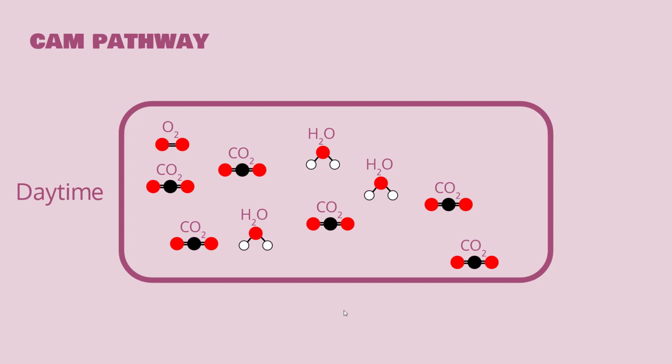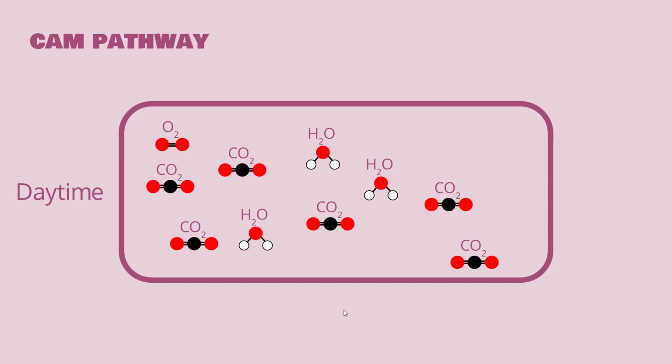But as I said before, it takes energy to perform these extra steps of fixing the CO2 twice, so it's kind of a trade-off about which method that the plant uses. C3 plants live in a cool and wet enough environment that photorespiration isn't really enough of a problem to require that extra energy use of fixing the CO2 twice.